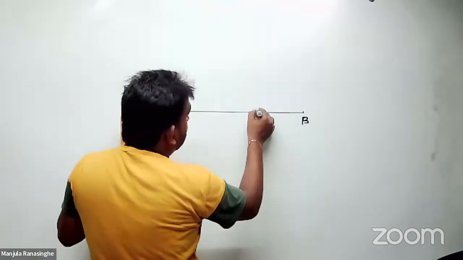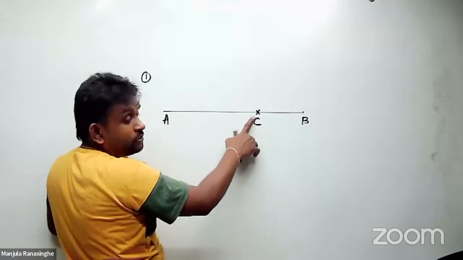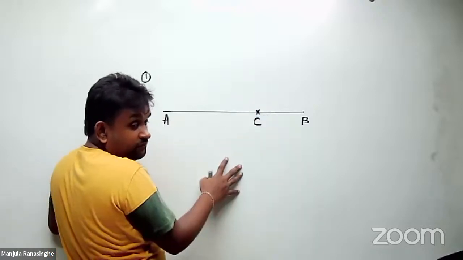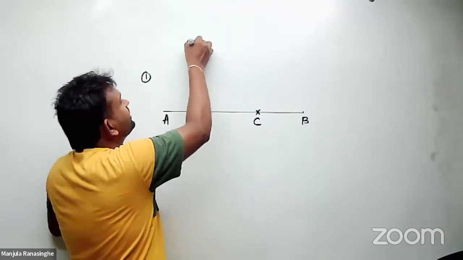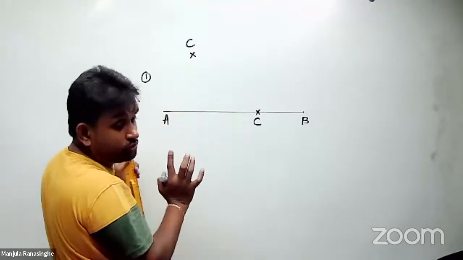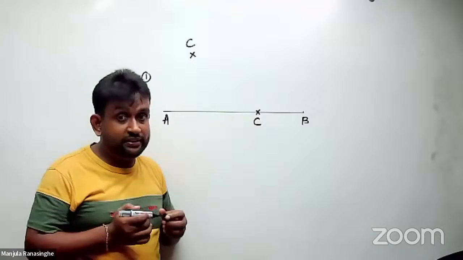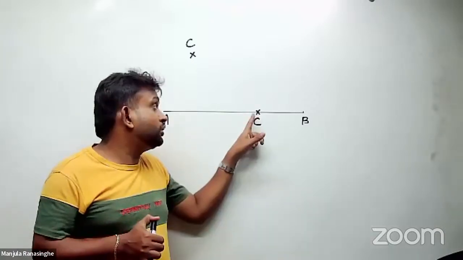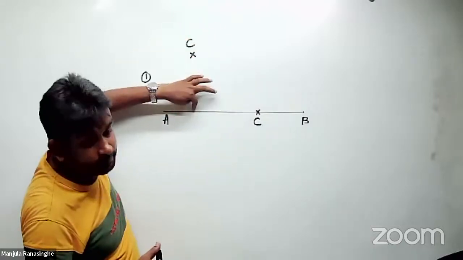I mark a point C here. I need to draw a perpendicular at C. First part. Then I have a point Z outside. So I need to draw a perpendicular from that point to the line. Two concepts. The first concept, C is on the line itself. I need to draw a perpendicular line at C.